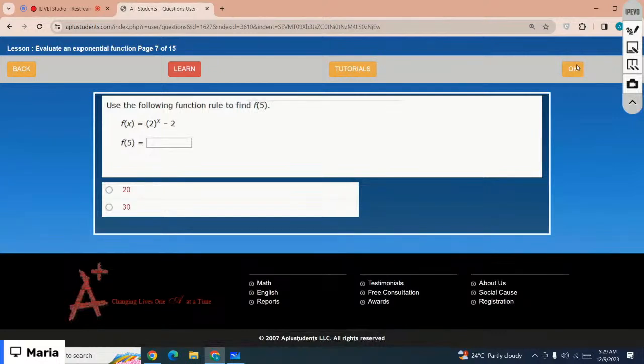Use the following function to find f of 5. So which is the correct option?